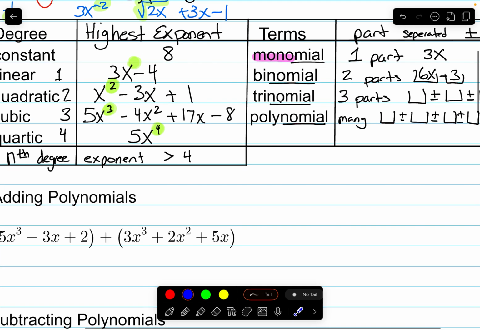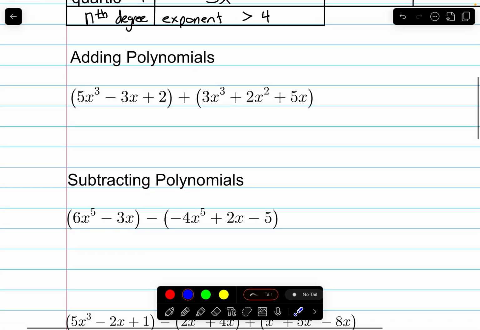Okay, so let's go ahead and apply that. The rest of this goes a little bit faster. So the first thing we're going to do is, the directions say add the polynomials, but I also want us to pay attention to the sign right here in the middle. Right, there's a plus sign. So that means I'm going to add things together, and I'm going to look for my like terms, okay?